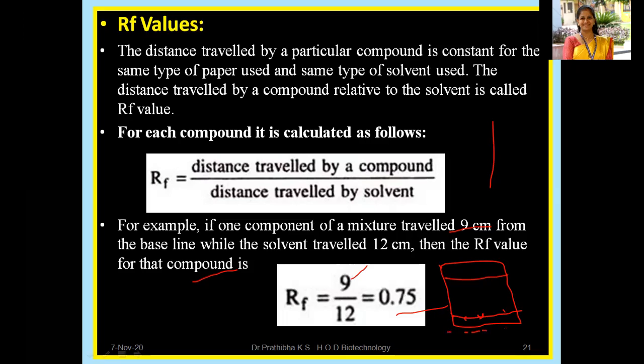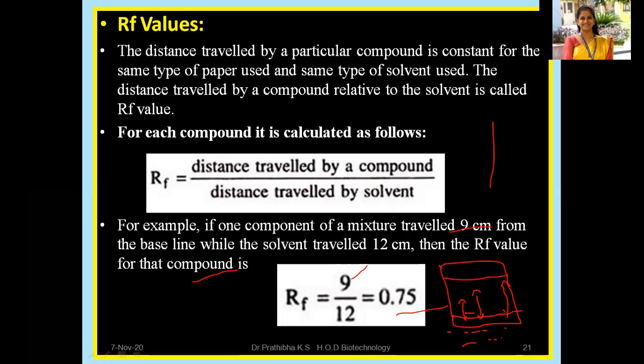Whatever the mobile phase will be there, the solvent will also take this particular sample upward. While taking these upward based on the molecular weight, the pigments will settle here only, like that they will settle here. They may move like this, or they may move like this.